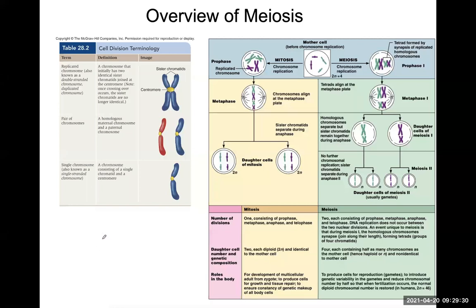Okay, so what I'm drawing right here is the cell cycle, okay? That's supposed to be a G. G1, G2.